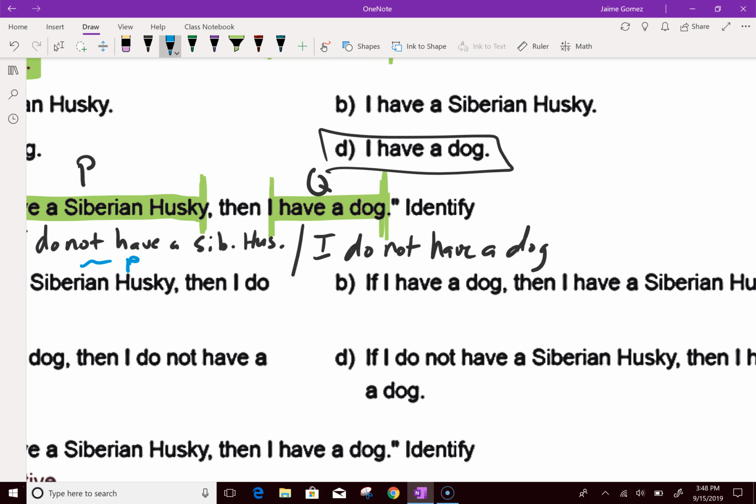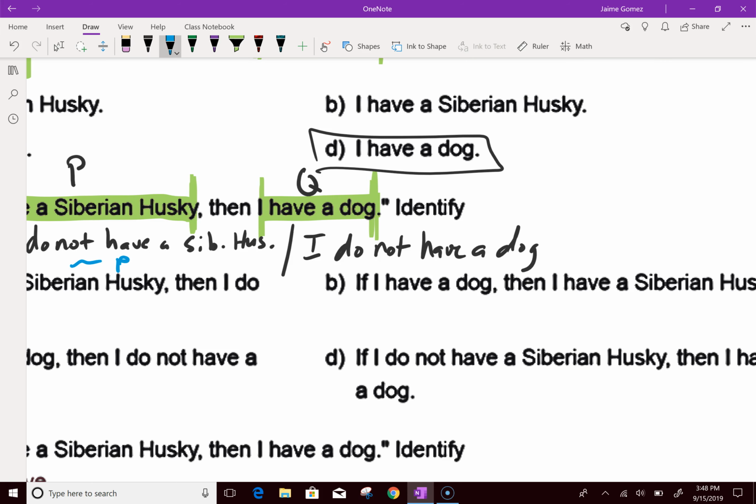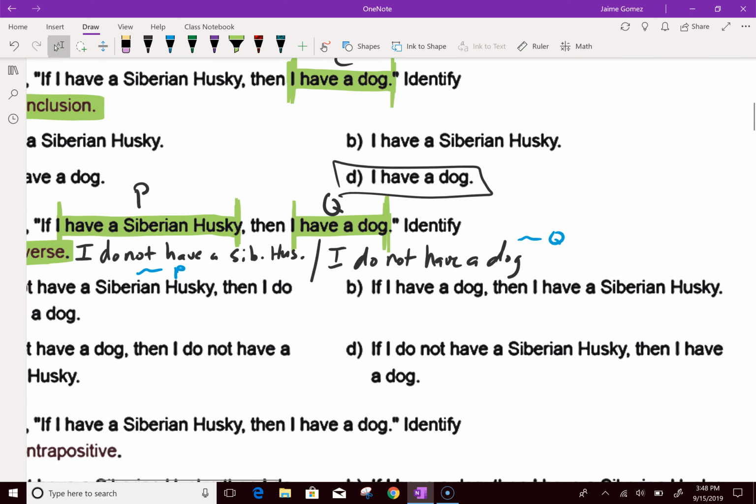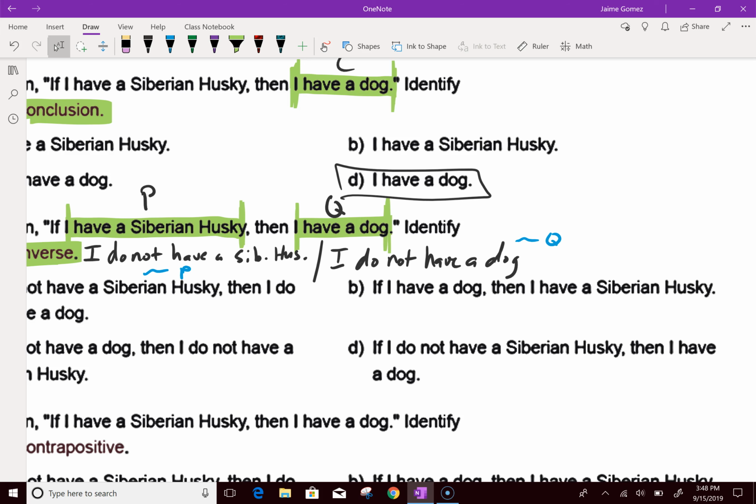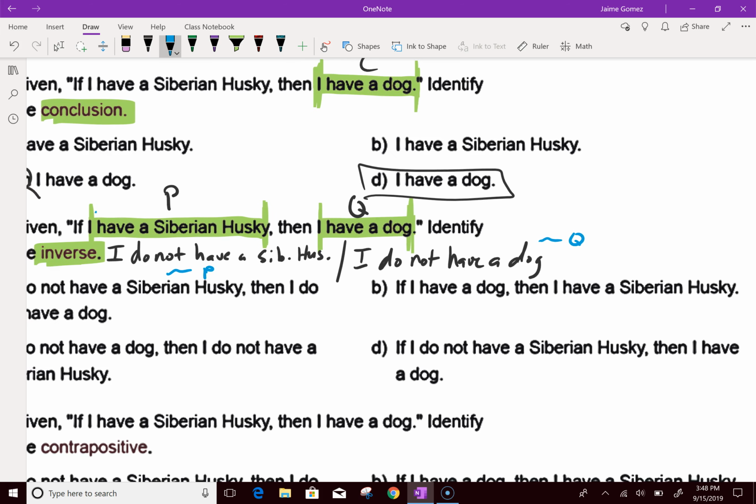And that would be my not Q. So you want to write, it's like erasing all of this, replacing it with this part. So if I do not have a Siberian Husky, then don't put the Q anymore, replace it with this part.